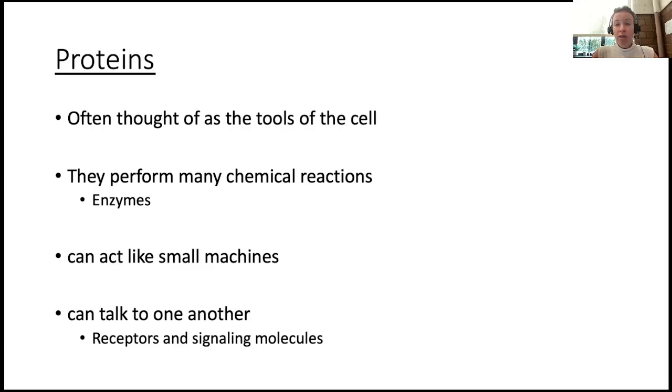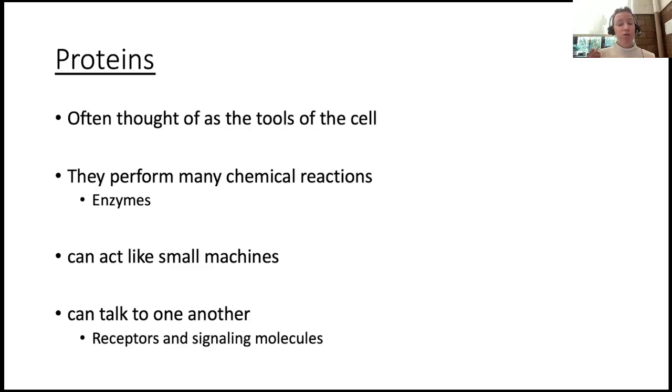Well, the protein would be like you actually doing something with those instructions. Maybe you build a chair. That is the action, right? The chair being built is the action, so we can think about that as the protein, for example.